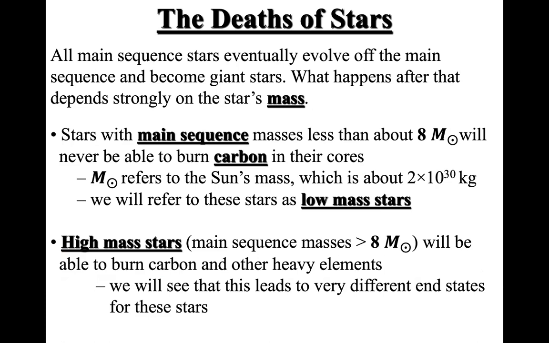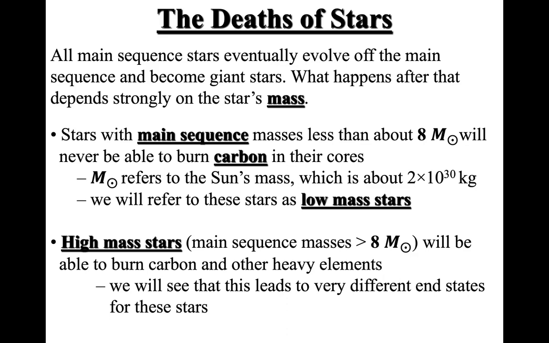All the stars go through the same kind of process inside their cores when they are in the main sequence, but when they enter the giant phase and spend some time there, their fate is decided by the mass of the star, right?